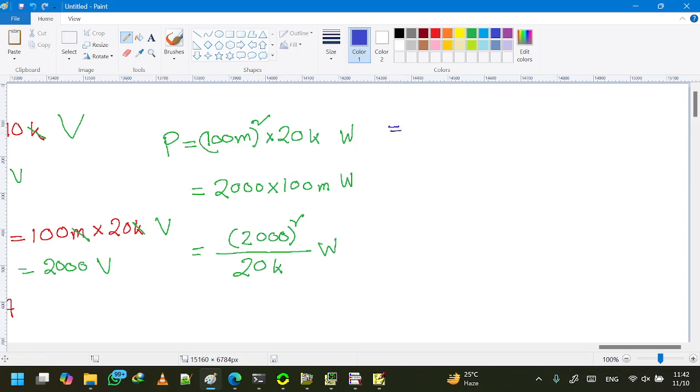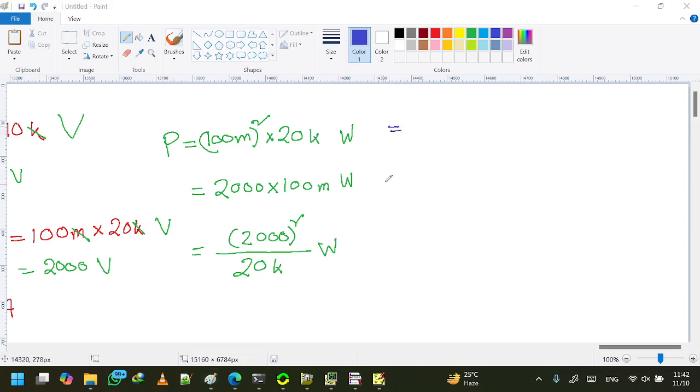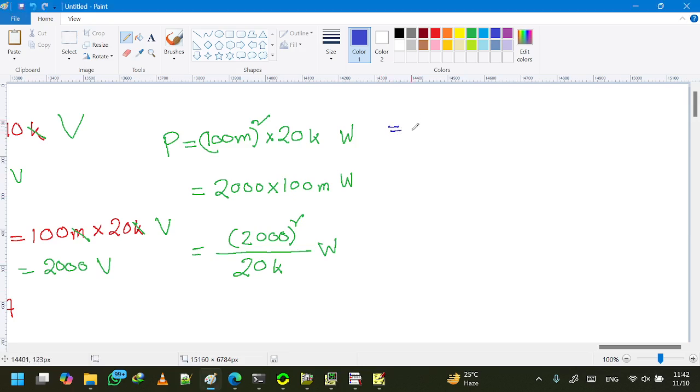So we calculate 100 milli multiplied by 100 milli, which is 100 milli square, multiplied by 20 kilo. Once again, we can cross milli and kilo out, so it leaves us only milli.